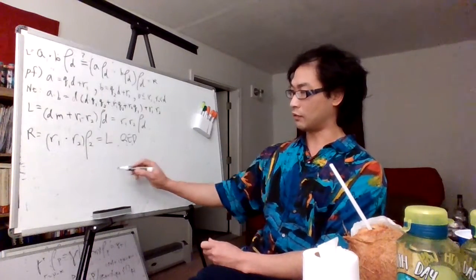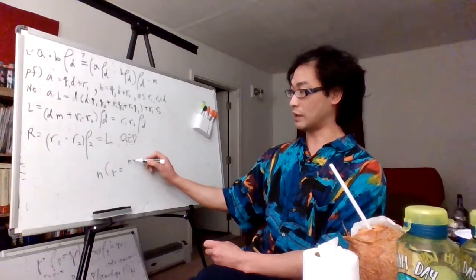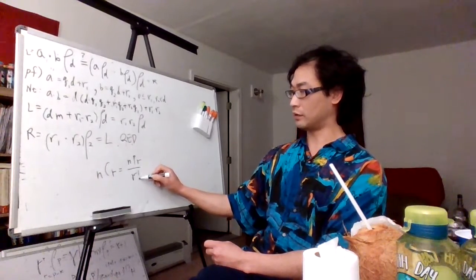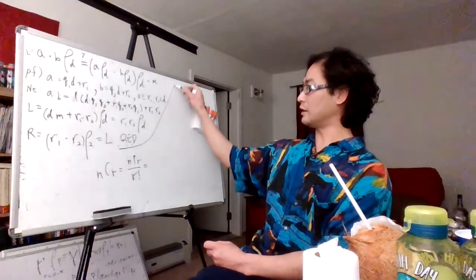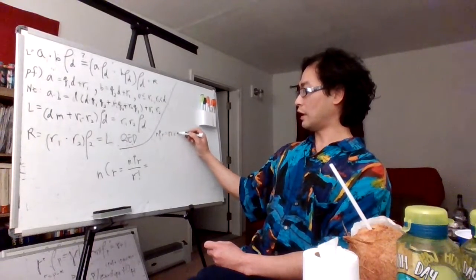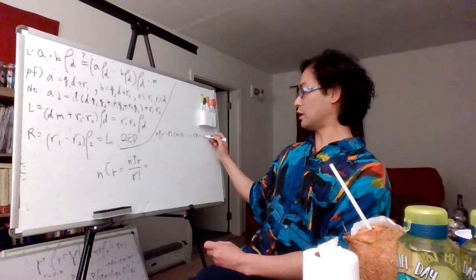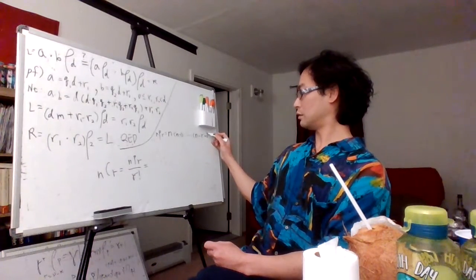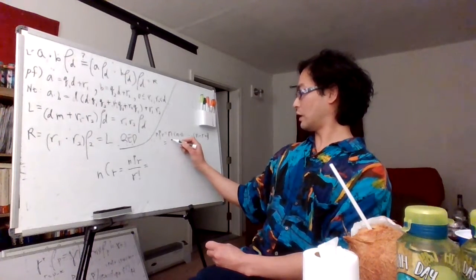Like nCr, right? Binomial coefficient. So that's nPr divided by r factorial, where nPr is a descending product, n times n minus one times dot dot dot times n minus r plus one, which is equal to n factorial divided by n minus r factorial.